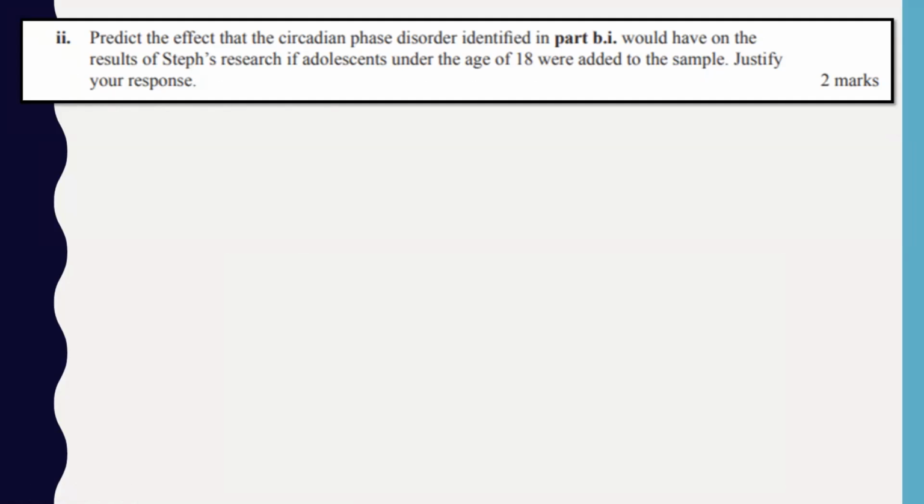You're being asked to explain what would happen to the actual results of Steph's research if she was to add people under the age of 18 to her sample, with reference to the sleep-wake cycle shift. That's where the justify your response part comes in, justifying that in terms of the sleep-wake cycle shift and linking it back to what effect it would have on her results.